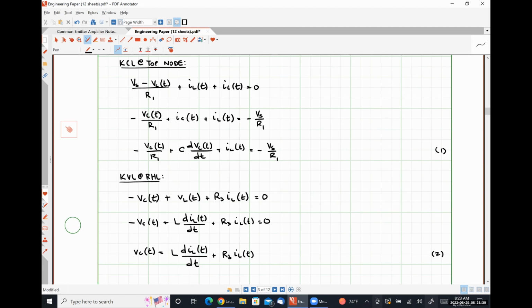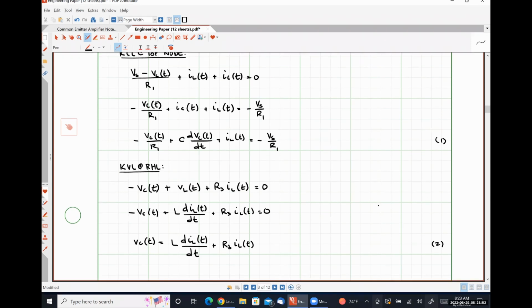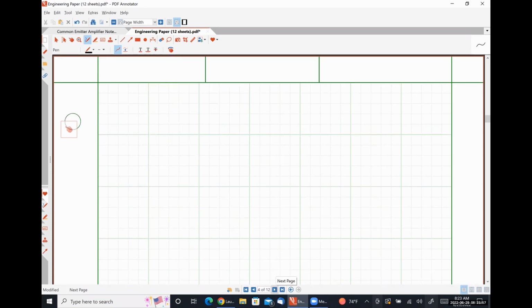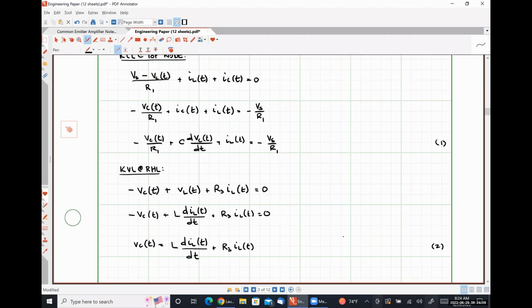Now, equation 1 has a derivative of VC term that I need to take care of. So what I can do is take the derivative of equation 2 with respect to time. So the derivative of VC of t with respect to time is going to equal, bear with me while I go back and forth here so I don't make any algebraic mistakes. I'm going to take the derivative of the first term on the right-hand side.